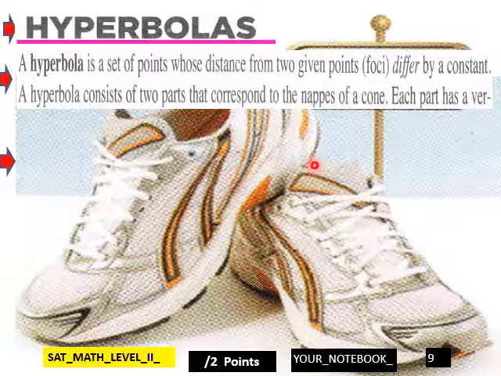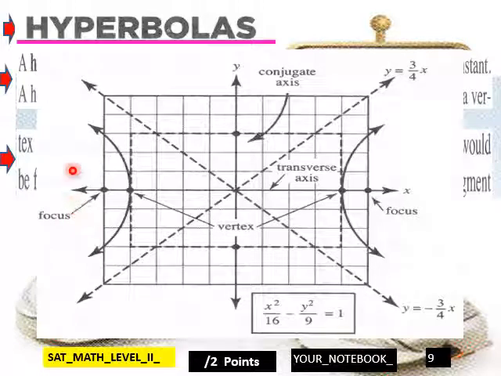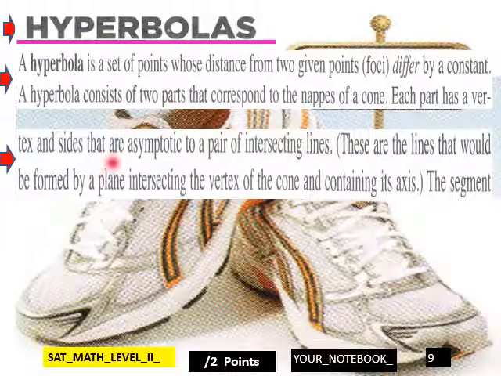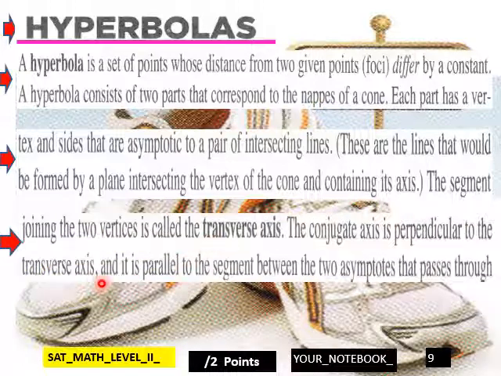Each part has a vertex and sides that are asymptotic to a pair of intersecting lines. These are the lines that would be formed by a plane intersecting the vertex of the cone and containing its axis. The segment joining the two vertices is called the transverse axis.